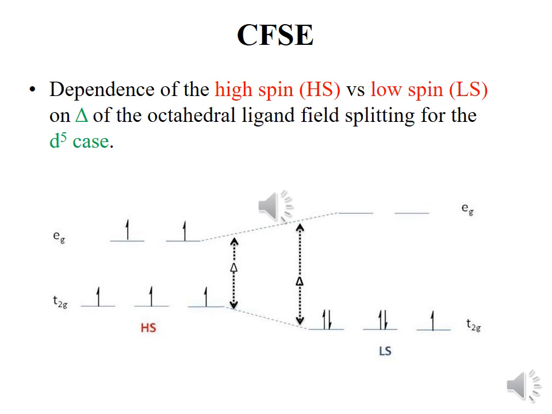In this diagram, we see that in high spin complexes there is a smaller distance, meaning del O is not greater, between the t2g and eg states. But in low spin complexes there is a great distance, as compared to the high spin complexes, between the t2g and eg.